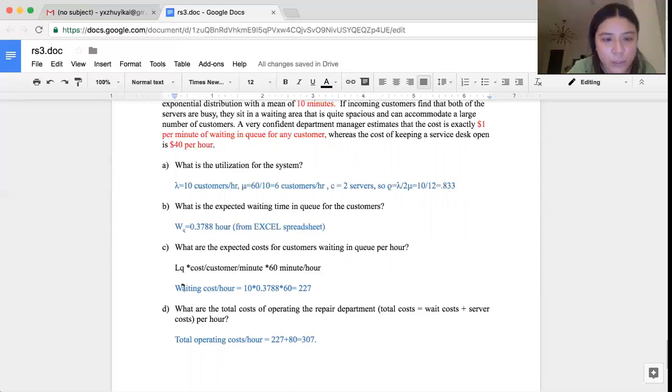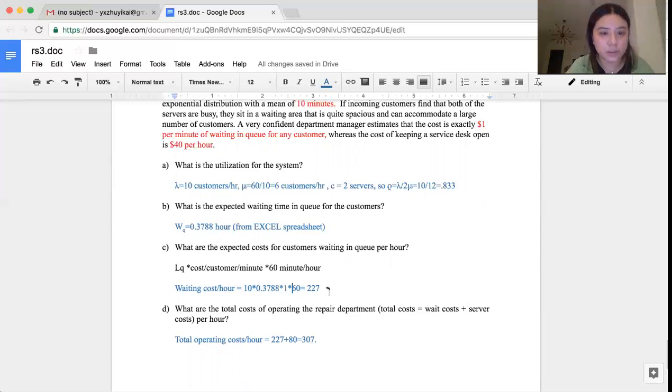So the waiting cost per hour equals 10, the arrival rate, times the waiting time in the queue, which is the LQ, the number of people in the queue, times the cost per customer per minute, which is 1, and times the number of minutes per hour, which is 60, and we got 227.